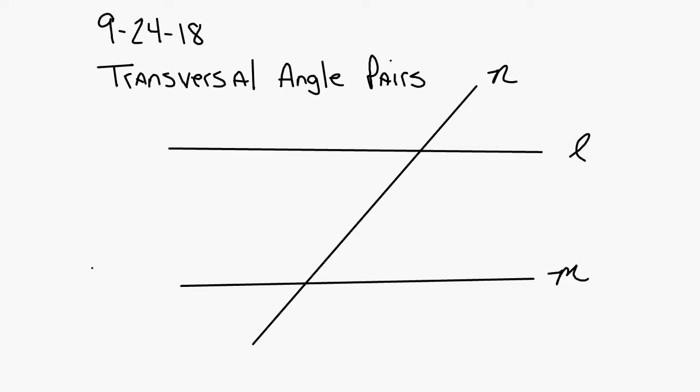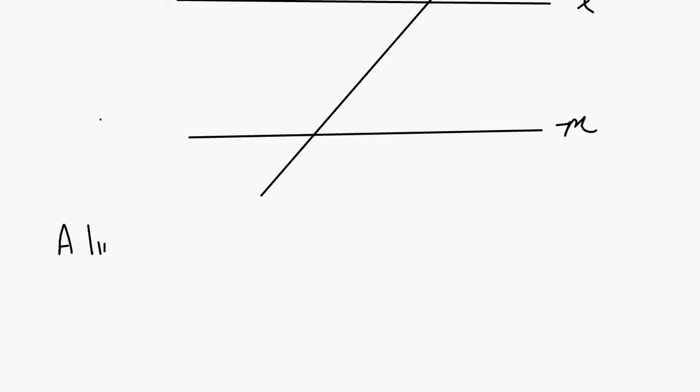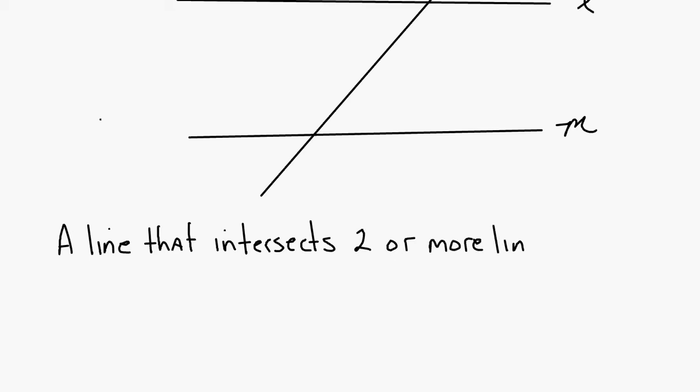So the first definition that you need to get is that a line that intersects two or more lines is called a transversal.